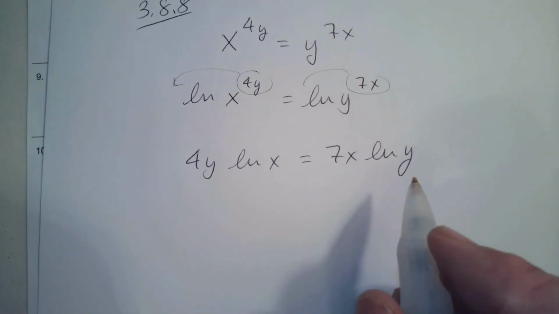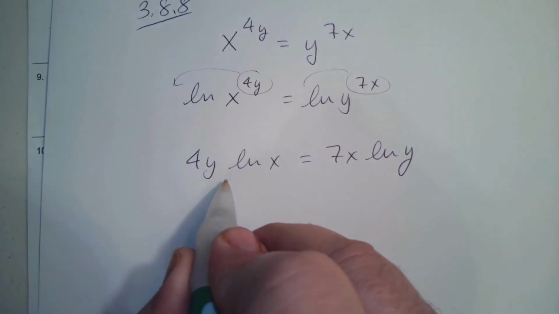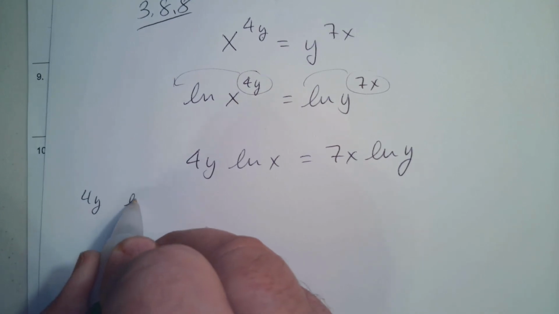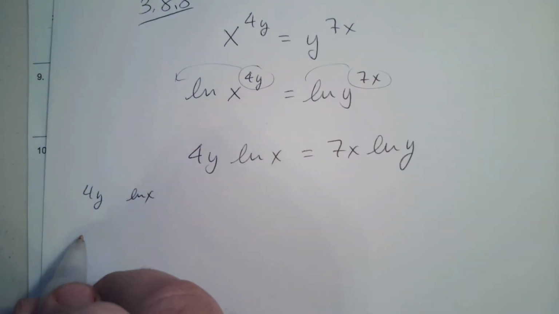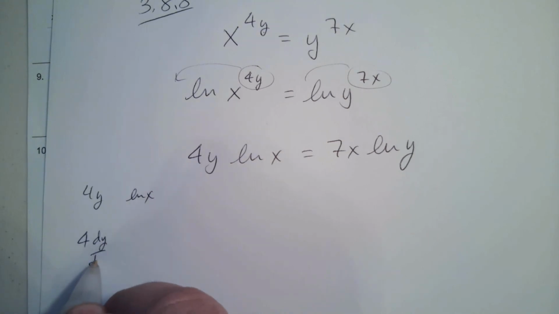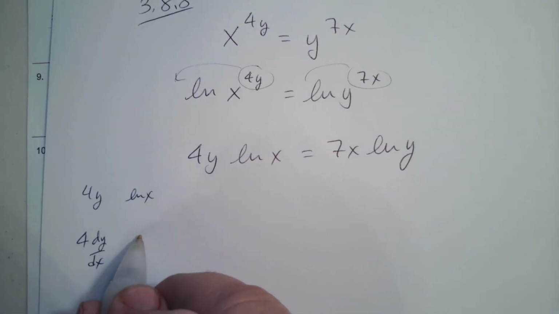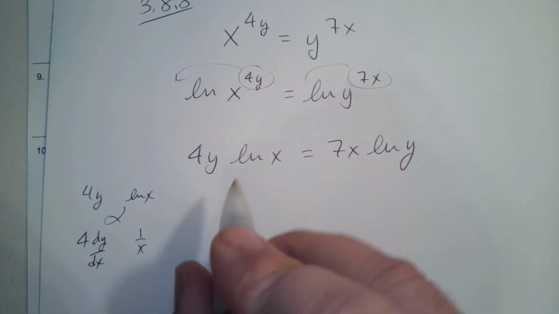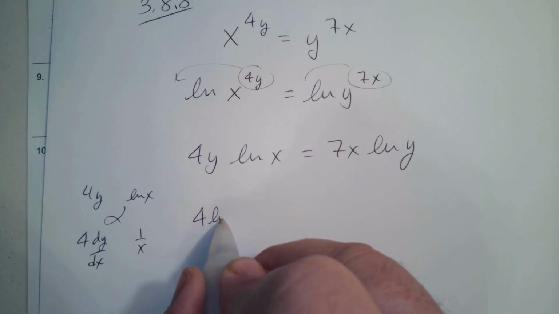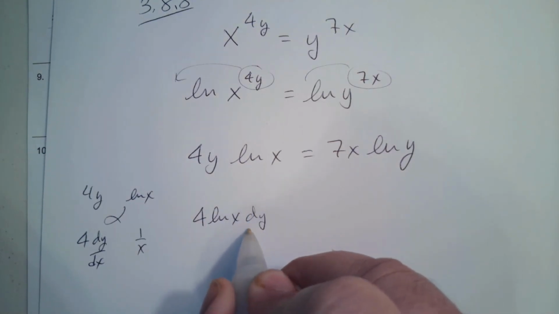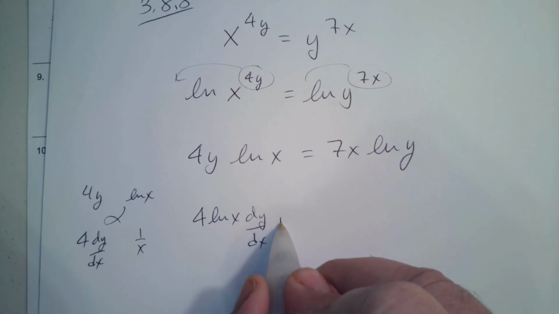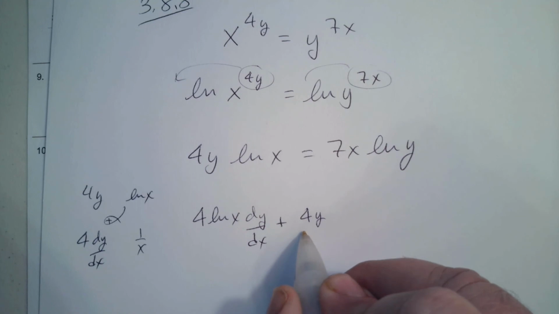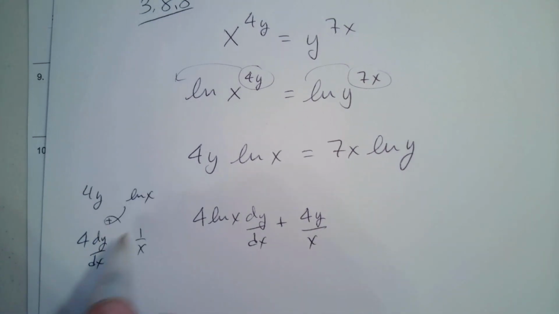And I take the derivative of both sides implicitly. So this is a product rule. So we have 4y ln x. The derivative of 4y is 4 dy/dx. Derivative of ln x is 1 over x. So 4 ln x dy/dx plus 4y over x. That's this first part.